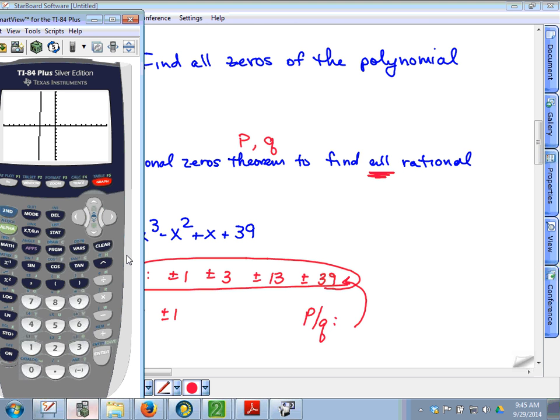Ooh, look at that. Kind of looks like negative 3, right? Sounds like negative 3. It smells like negative 3. Is it really negative 3? How do we know? Hit trace, type in negative 3. All right, it really does look like negative 3 works.